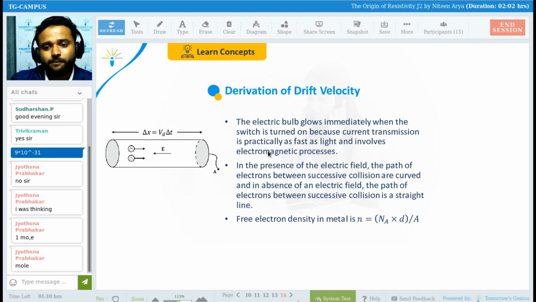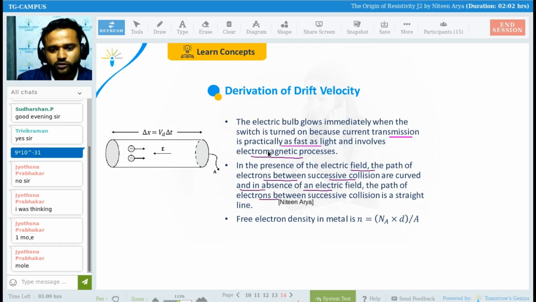The electric bulb glows immediately when the switch is turned on because current transmission is practically as fast as light and involves an electromagnetic process. In the presence of an electric field, the path of electrons between successive collisions is curved, and in the absence of an electric field, the path between successive collisions is a straight line.